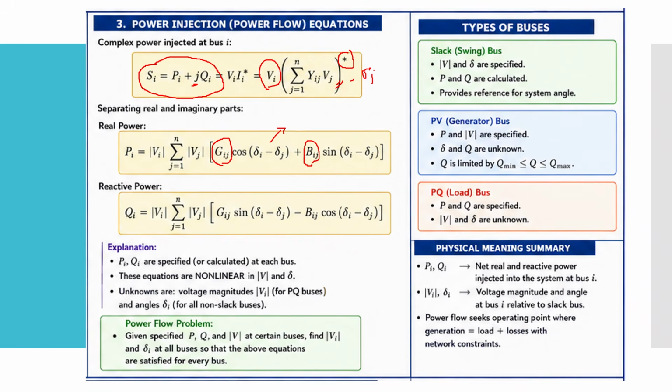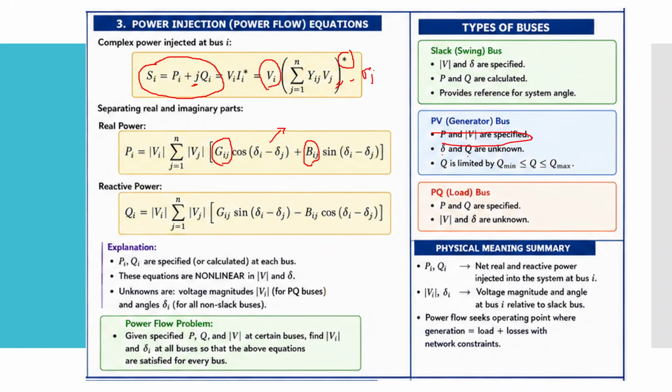For a PV generator bus, we have specified P and voltage magnitude, but the voltage angle and the Q will be unknown and can be calculated. But when we are using a PV bus, we have to keep in mind that the Q should be limited between the maximum and the minimum of the rating.